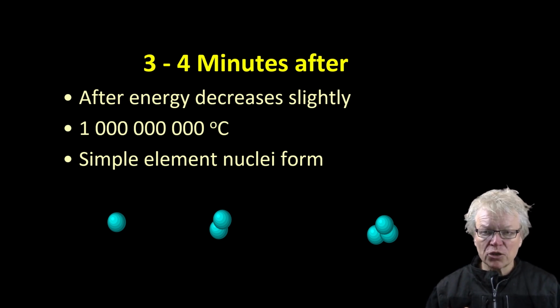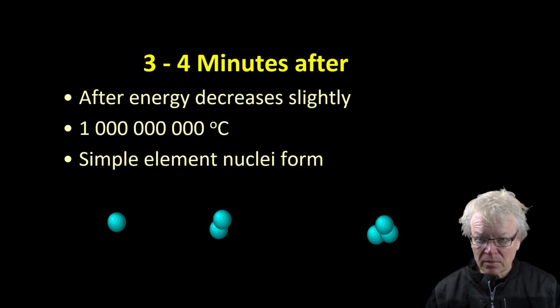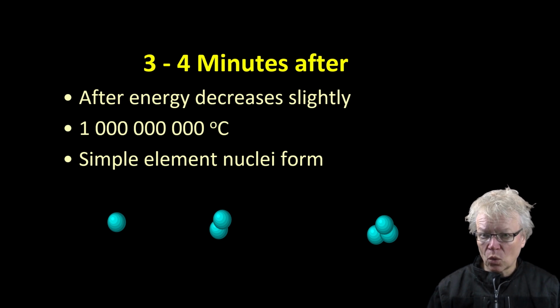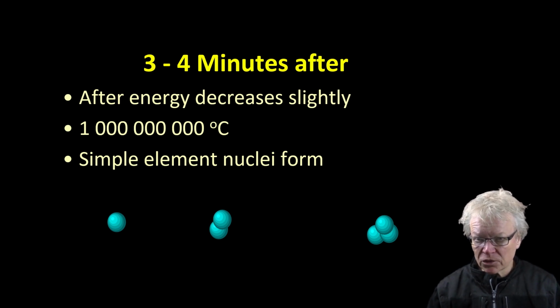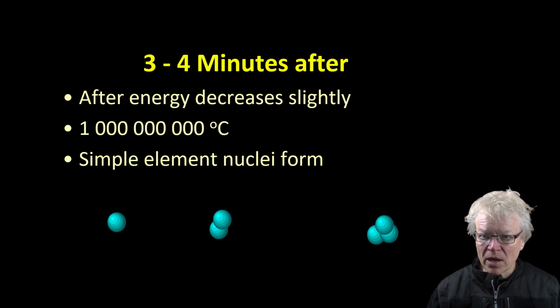Now, this is all due to the fact that these early protons, neutrons, and electrons all had mass. They actually weighed something. And so anything with mass has a gravitational attraction. You have a gravitational attraction, I have a gravitational attraction to everything else that's around us.